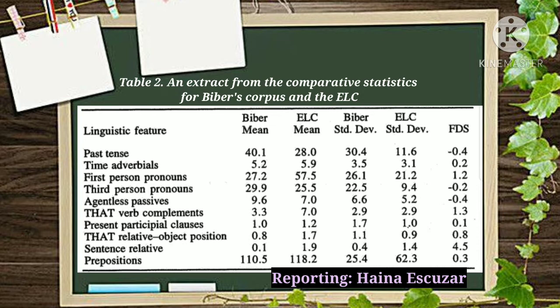Meaning to say, the data presented from Biber's corpus and the English language corpus does not differ from one another. This table reveals that the corpus, statistically compared, shows that the frequency of words, the collocation or the proper word usage, and the concordance or the grammar of each conference are fairly used.